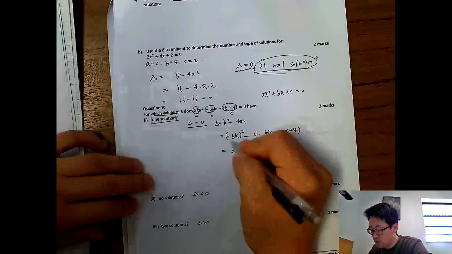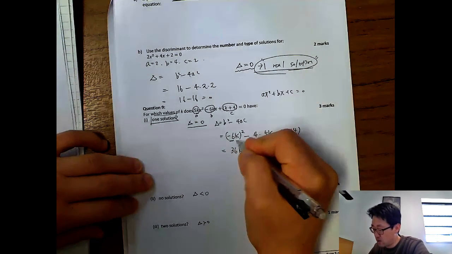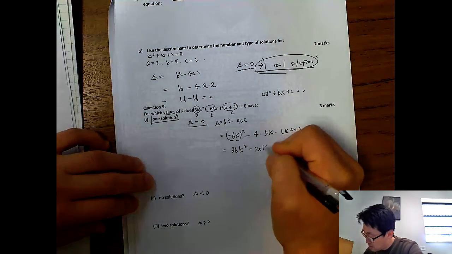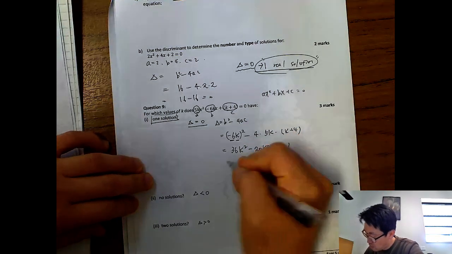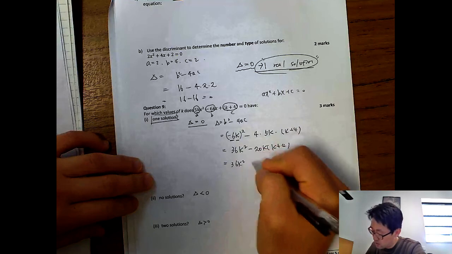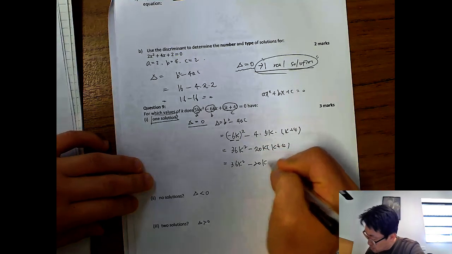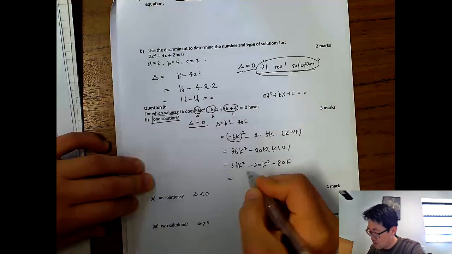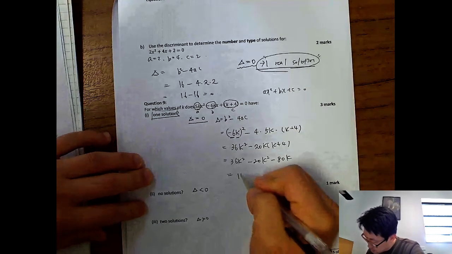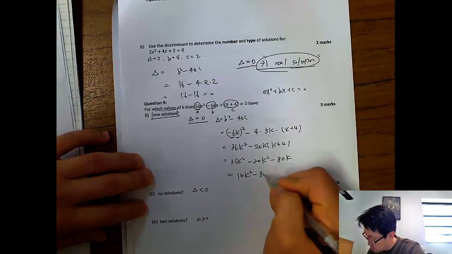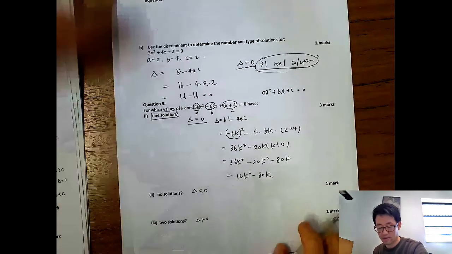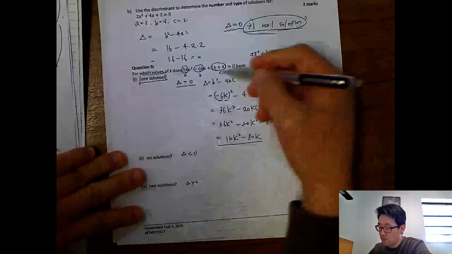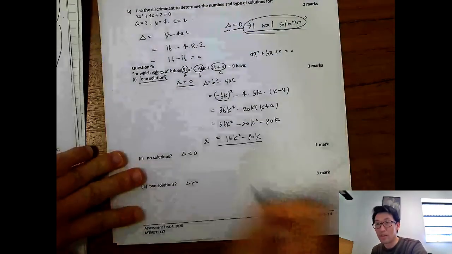Make sure number squared, letter squared: 36k squared minus 20k times k plus 4, which is 36k squared minus 20k squared minus 80k. Simplify that: 16k squared minus 80k. That's what I get, and that is the discriminant.